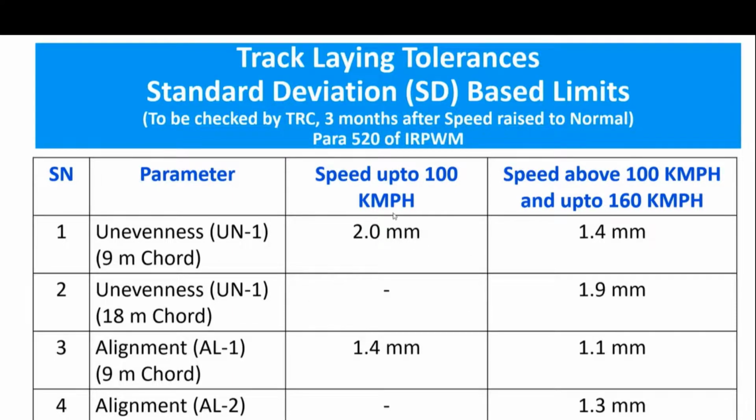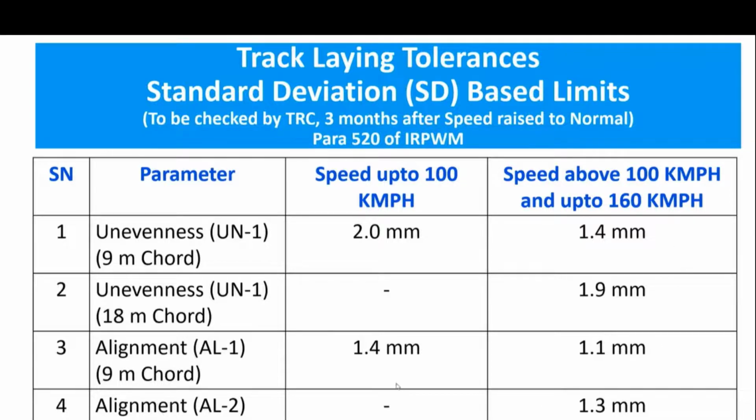For up to 100 kmph speed, the unevenness is 2 millimeter on 9 meter chord and 1.4 millimeter in the speed band of 100 to 160 kmph.